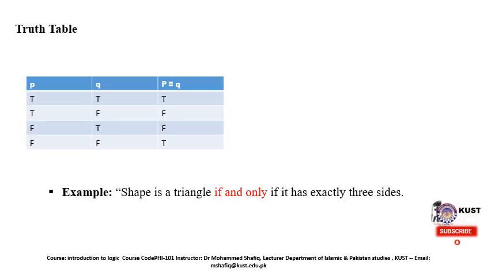In the truth table, if we have a close look at the biconditional propositions, in the first column we have two T's and two F's for the P statement. For example, take the example of shape is a triangle if and only if it has exactly three sides.